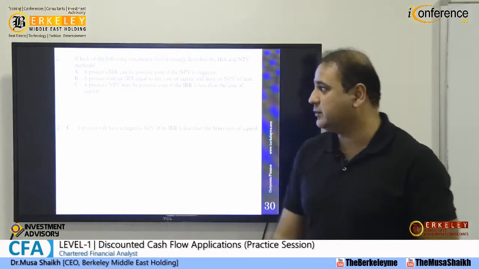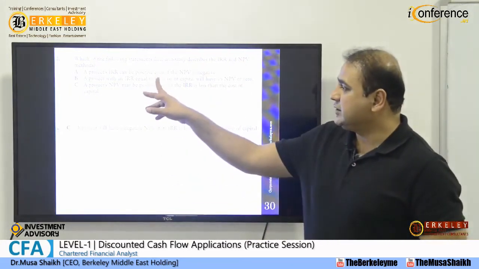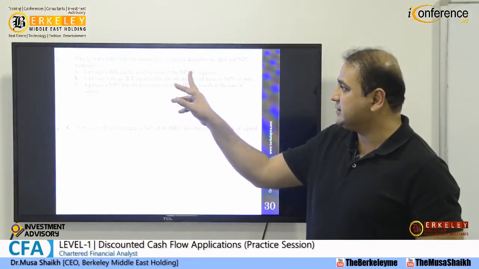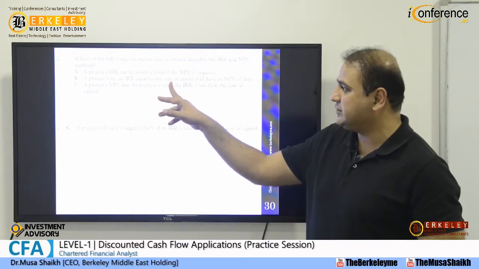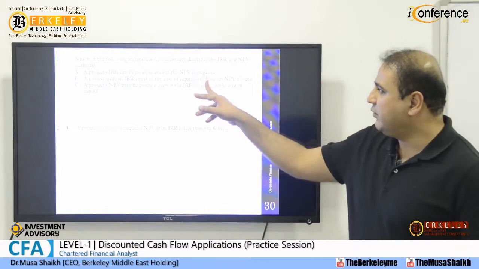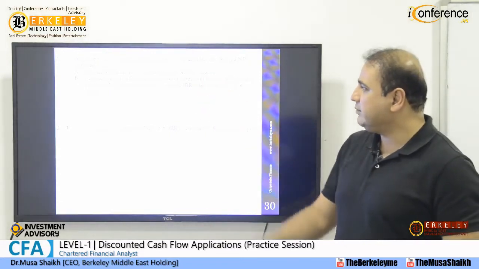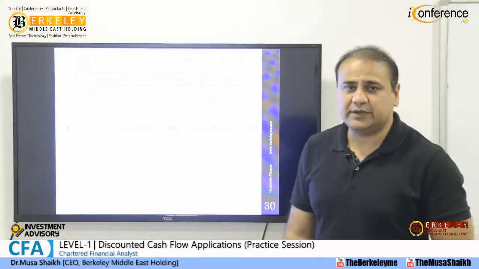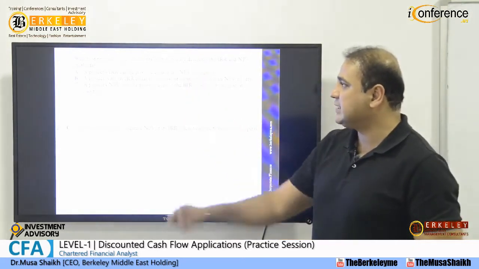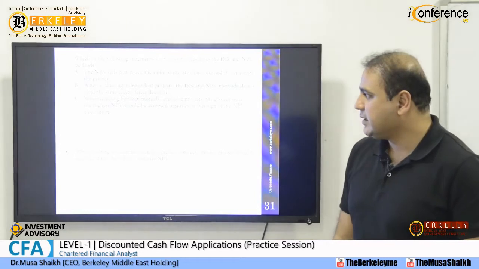This is not possible, because IRR is the point where NPV is 0. A project will have a negative NPV if its IRR is less than the firm's cost of capital. The other option, a project's IRR can be positive even if NPV is negative, is okay. A project with an IRR equal to the cost of capital will have an NPV of 0. That is obvious. So C is the right answer, which is the least accurate statement.